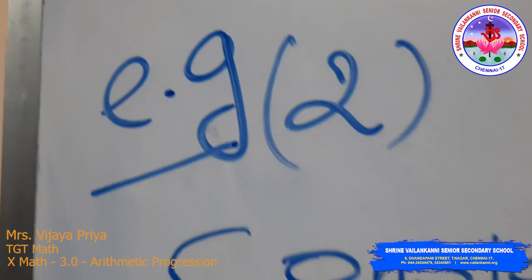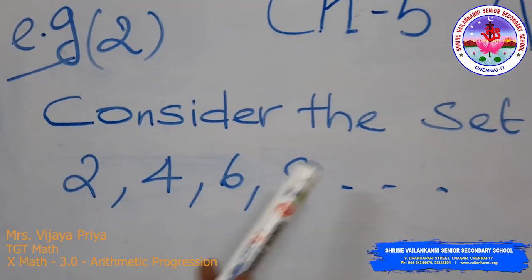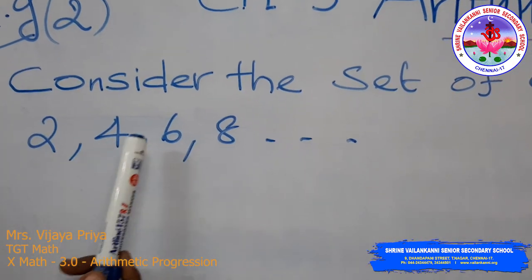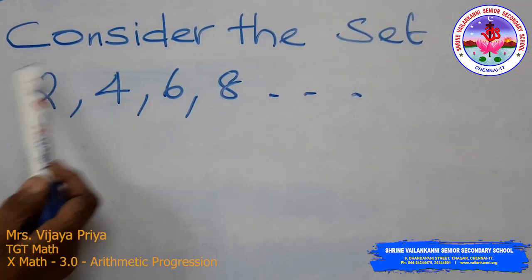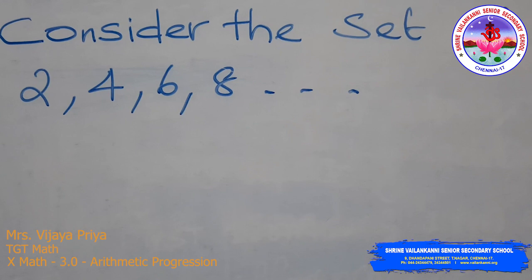For example 2, I am going to consider the set of even numbers 2, 4, 6, 8, etc. I am saying that this sequence of numbers is in arithmetic progression.